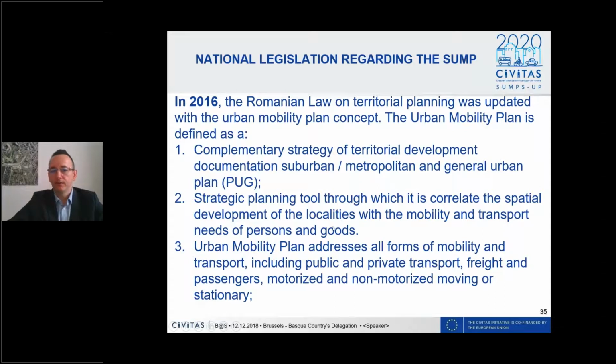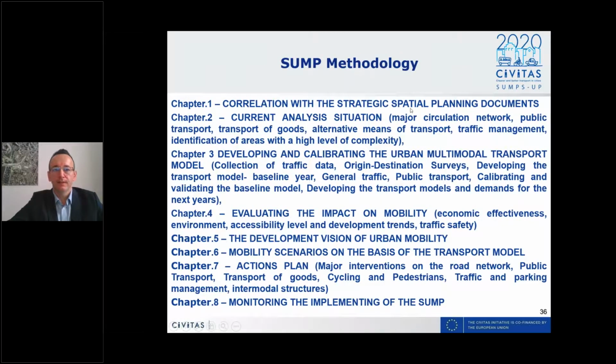It is a strategic planning tool through which the spatial development of the localities is correlated with the mobility and transport needs of persons and goods. It addresses all forms of mobility and transport, including public and private transport, freight and passengers, motorized and non-motorized, moving or stationary. It was also set up from the national level, the content and structure for the Sustainable Urban Mobility Plan.